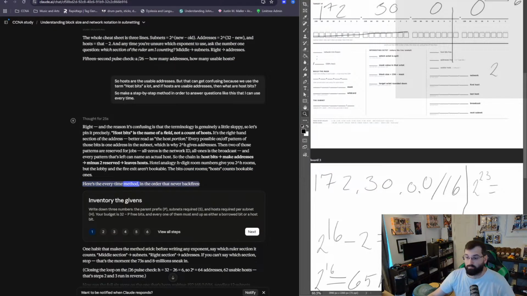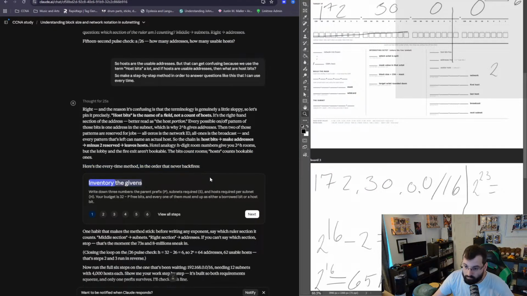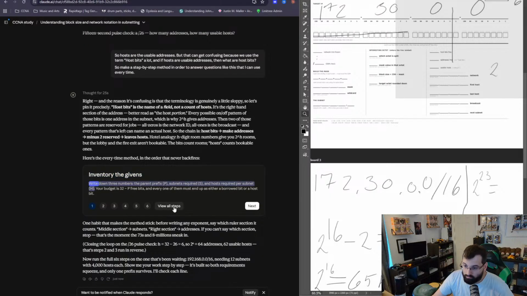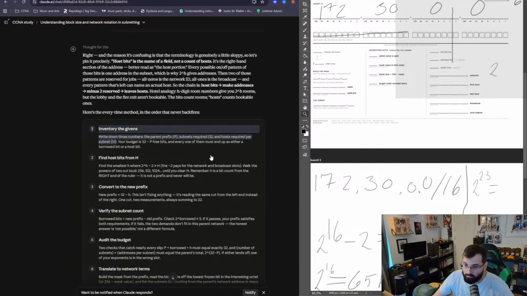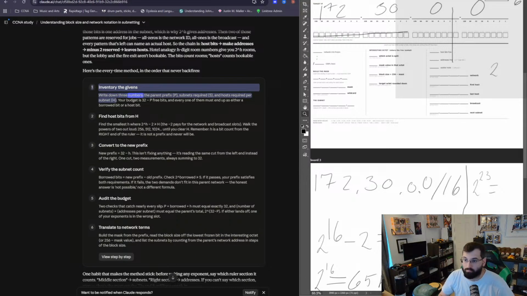Here's the every-time method, in the order that never backfires. 1. Inventory the givens. Write down 3 numbers: the parent prefix P, subnets required S, and hosts required per subnet H. Your budget is 32 minus P free bits, and every one of them must end up as either a borrowed bit or a host bit. 2.